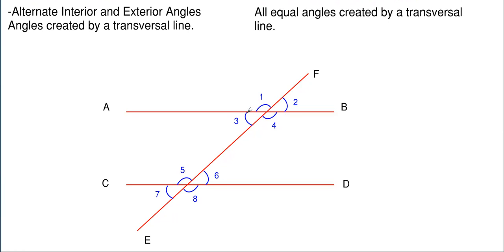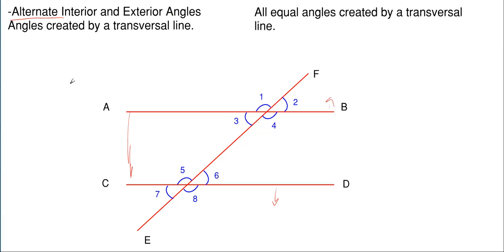These are angles that are equal, but on opposite sides of the transversal line. That's what alternate means. So the definition of alternate is equal, but on opposite sides of the transversal line. So you're either on the left side or you're on the right side. Interior and exterior still mean the same definitions as before. Interior means you're in between. Exterior means you're beyond the parallel lines.